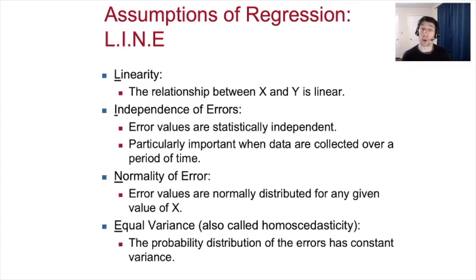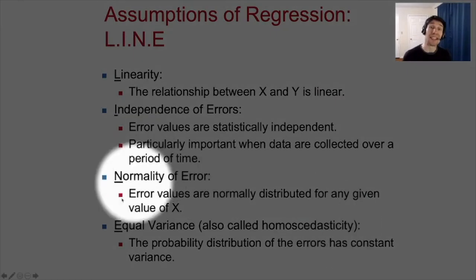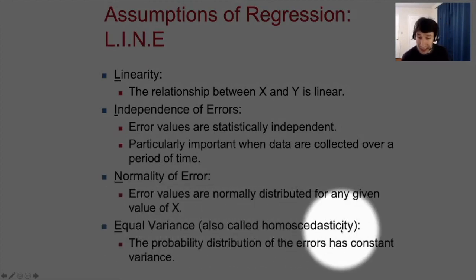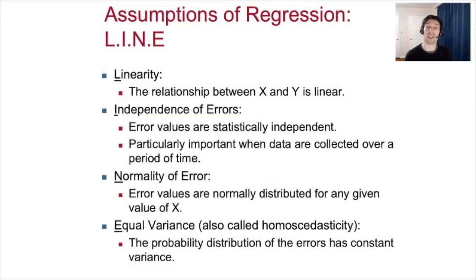N stands for normality of the errors, which is the assumption that the errors are normally distributed. Again, a little bit obscure for right now. And the E stands for equal variance, which is also called homoscedasticity. This again is an assumption on the errors, and what it says is that the probability distribution of these errors has a constant variance.